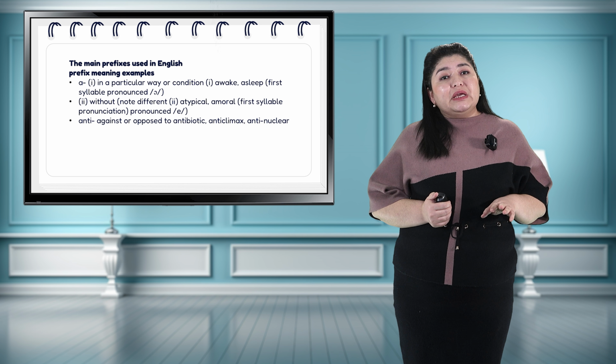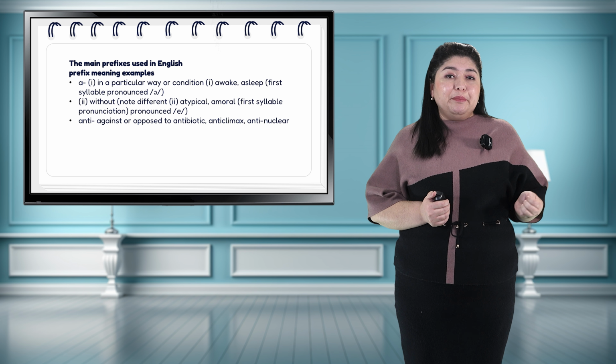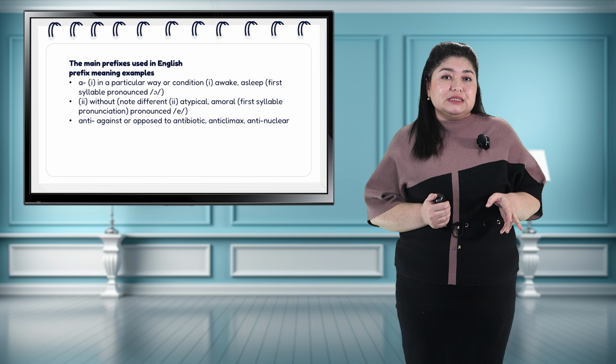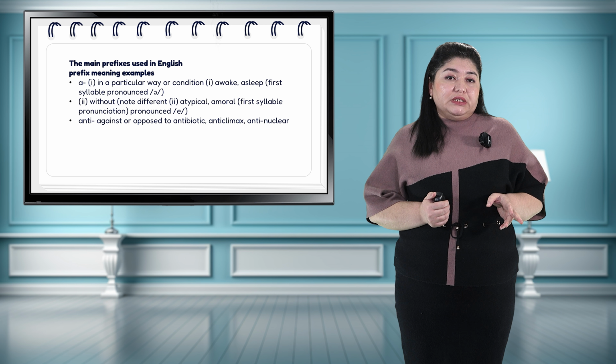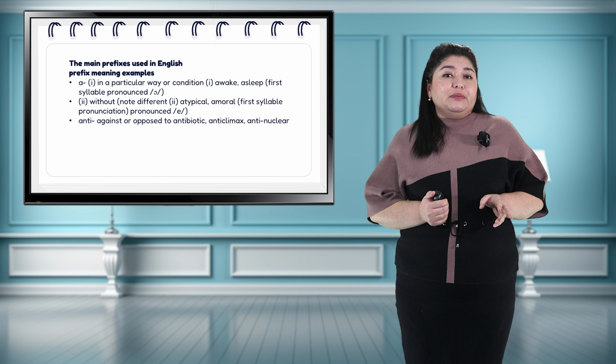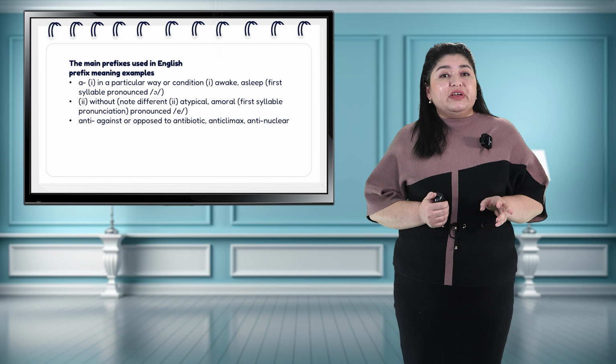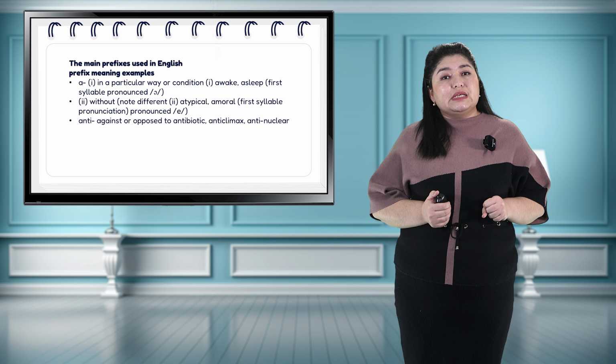In addition to the main processes, English allows words to be formed by abbreviation, which includes clipping, acronyms, and blending, or back-formation.